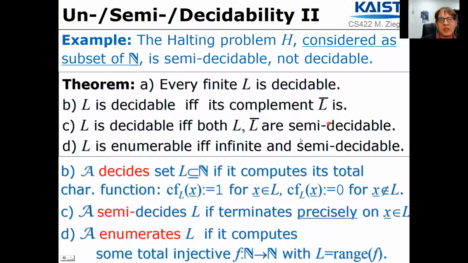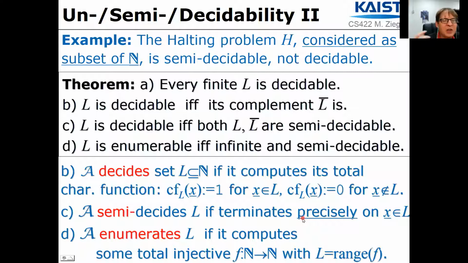Now let's look at the converse direction, where the hypothesis is that both L and L's complement are semi-decidable, which means that there must exist two algorithms, one that semi-decides L, let's call that algorithm A, and another algorithm that semi-decides L's complement, let's call that algorithm B. How can we combine these two algorithms that only semi-decide and in particular may fail to terminate?